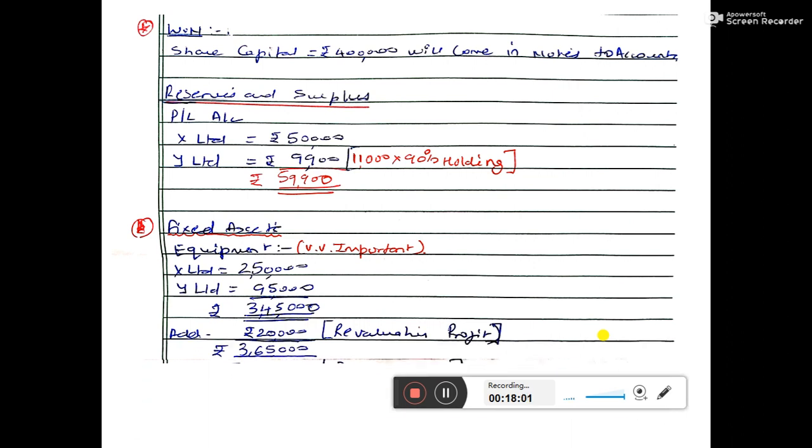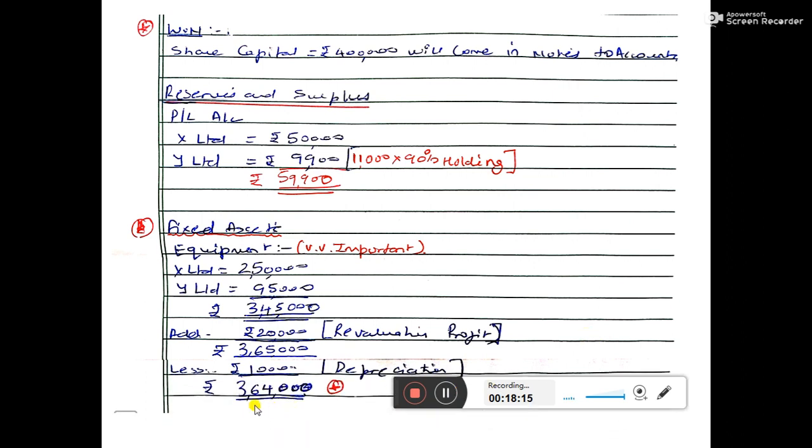And to this, we have charged depreciation less. The amount is 1,000, which needs to be deducted. So this is very important. Please revise this adjustment again. So the amount is 3,64,000. This will go in notes to accounts and then the same amount will be taken into the balance sheet.